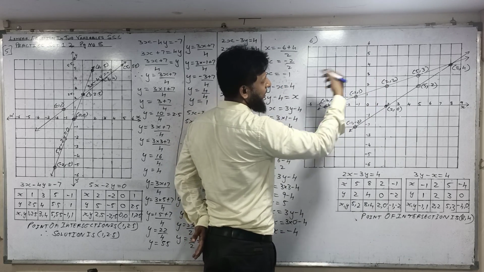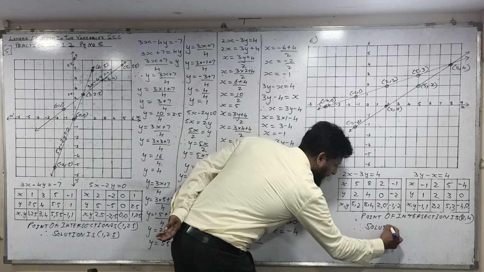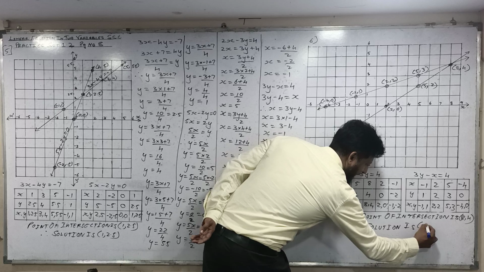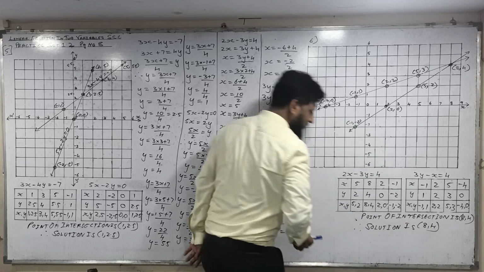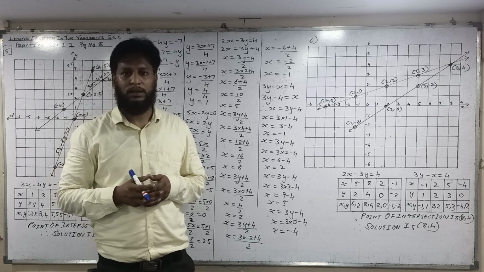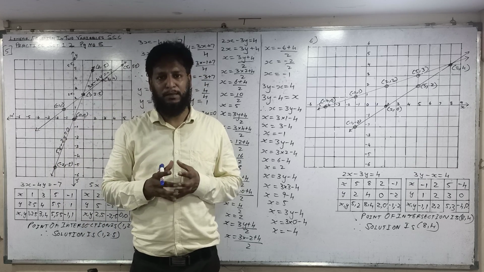Therefore the solution is 8 and 4. So we have done all these 6 sums. This is how we solve a linear equation in 2 variables by the graphical method.